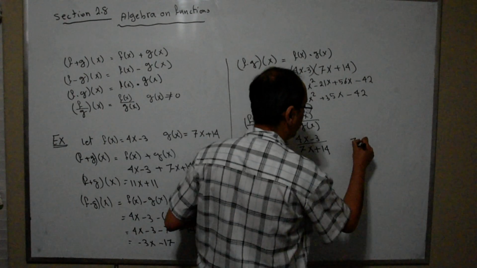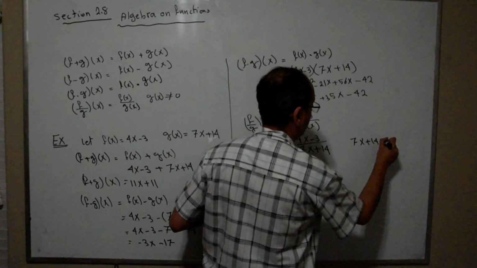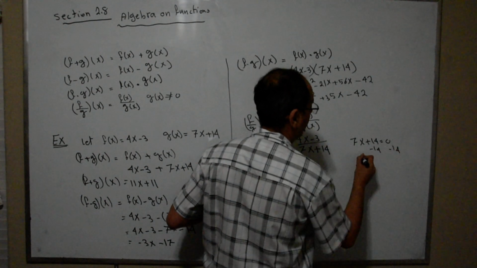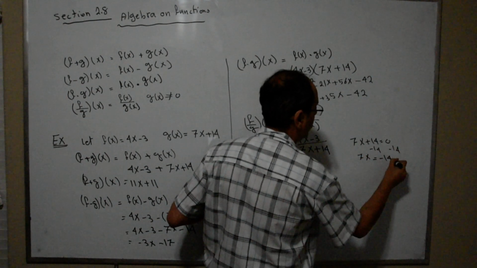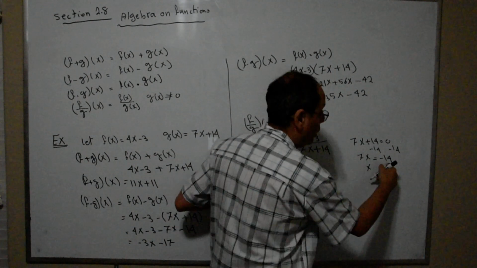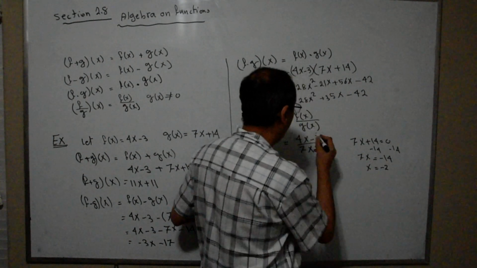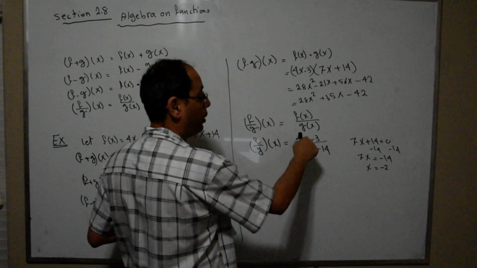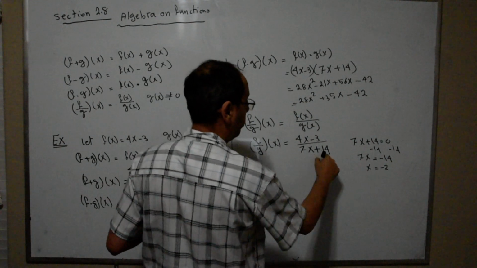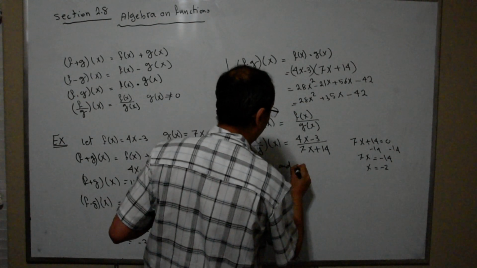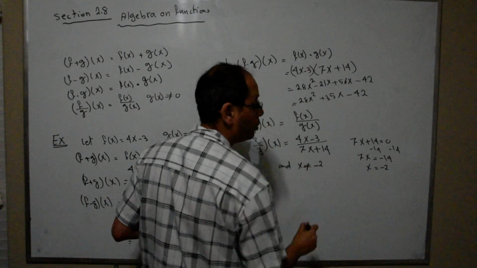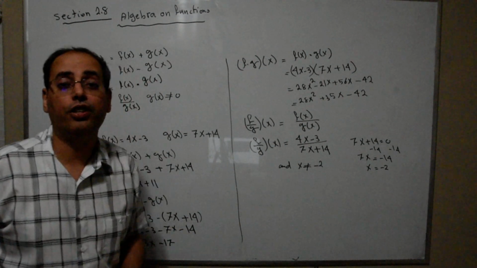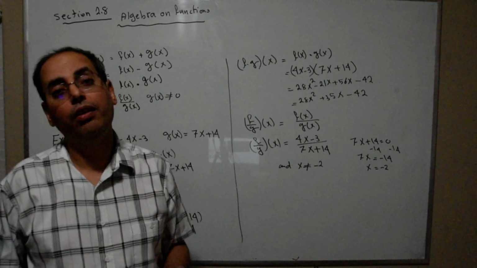So I set 7x plus 14 equals 0. And I solve for x, so subtract 14. I have 7x equals negative 14, then dividing both sides by 7, I have x is negative 2. Therefore, f over g of x equals 4x minus 3 divided by 7x plus 14, and x cannot be negative 2. Okay? I hope that this is helpful for you to understand the four operations on functions.